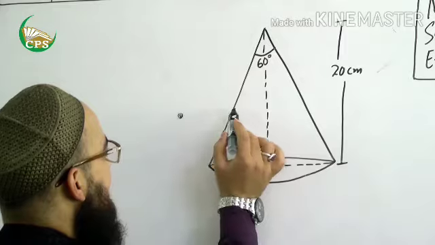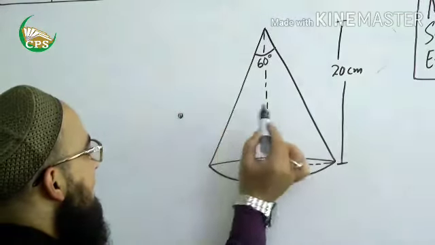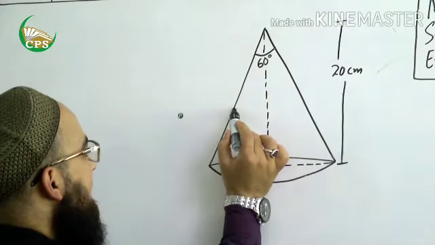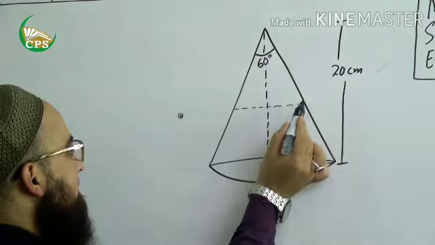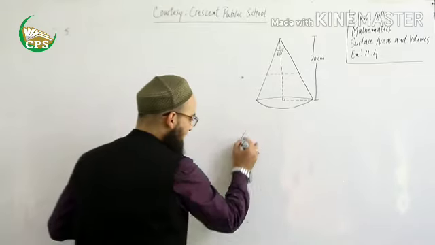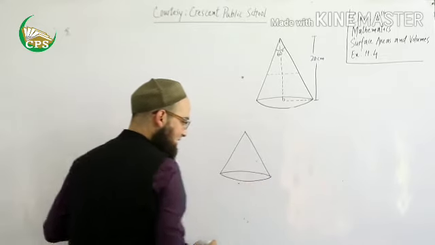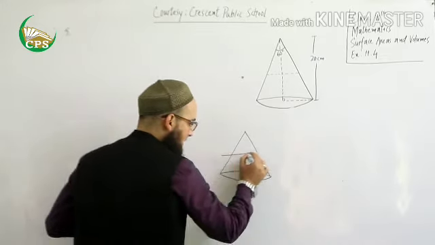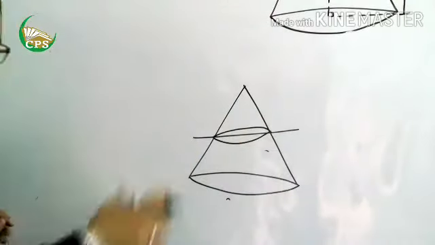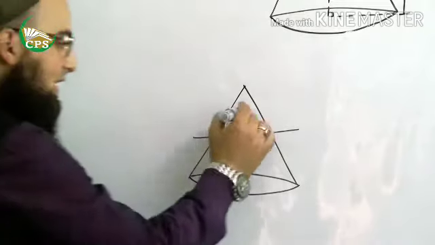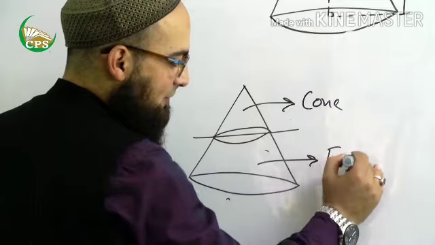Now this cone is cut in the middle, just like this. Understand one thing: when a cone is being cut, there is a formation of two solids. One solid is still a cone and another one is a frustum.